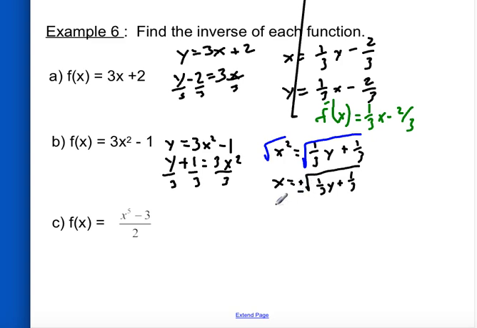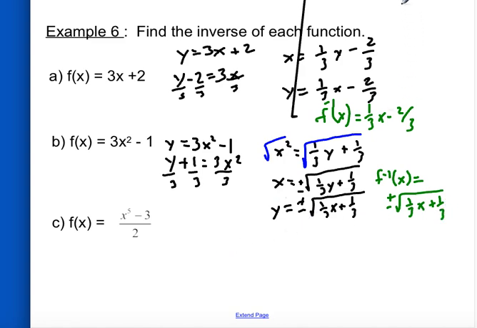So now what do we do? We go ahead and we switch the x and the y because it's inverse. And then the last thing we do is we replace that notation there, and we say the inverse of f of x is equal to plus or minus the square root of 1/3 x plus 1/3.